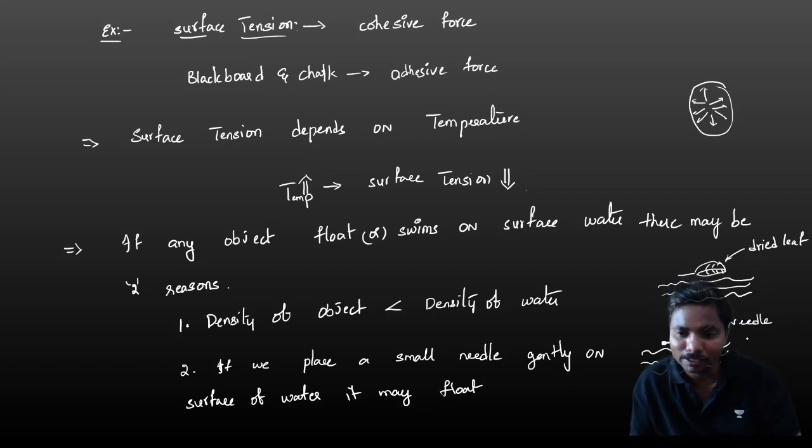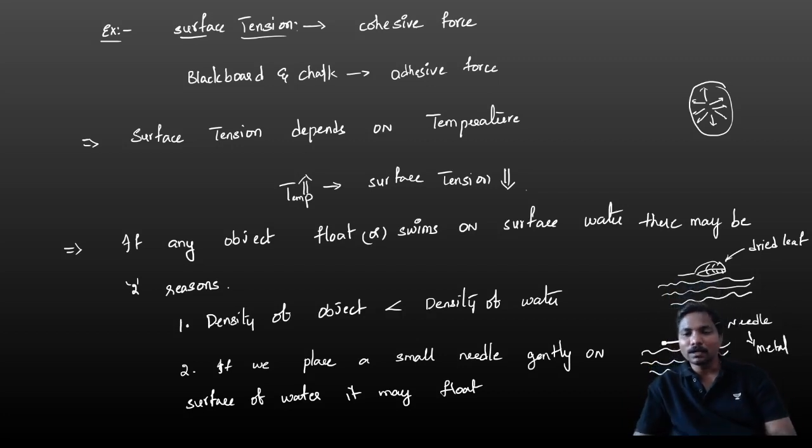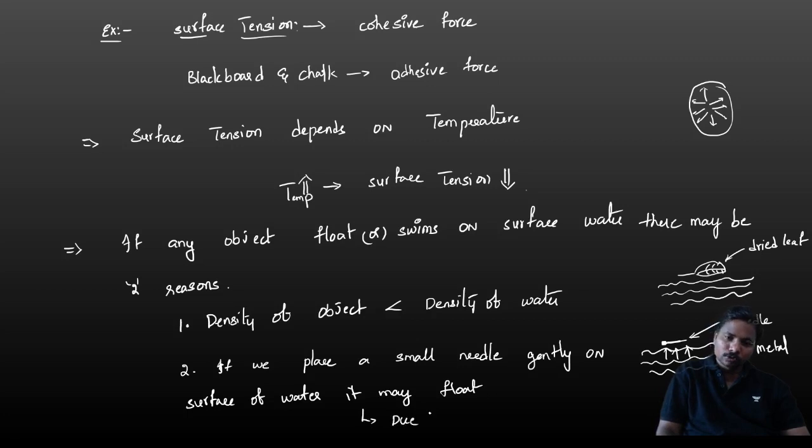Because the needle is a metal, and metal always has higher density than liquid. So still it is floating. Why? Because there is some upward force acting. That upward force is nothing but surface tension. Okay, it may float due to surface tension.